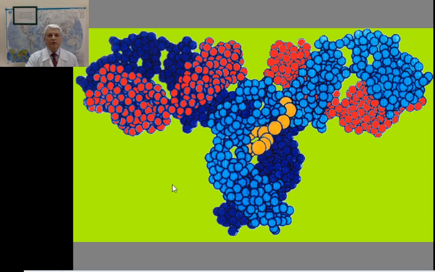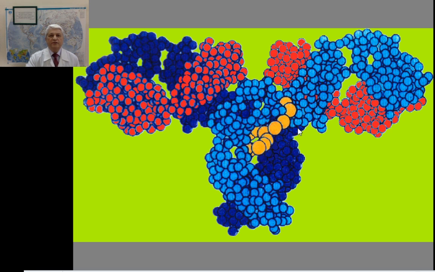The molecule of immunoglobulin has very many amino acids, and the molecular mass of the whole molecule is 150,000. So it is a huge molecule. This molecule consists of 4 different chains.